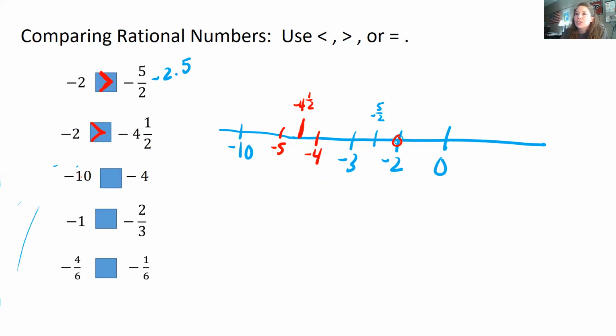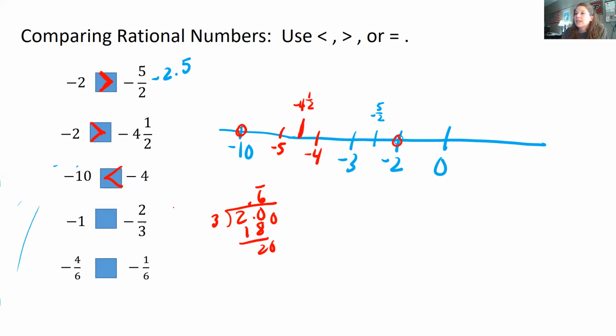What about this one? Which is the coldest temperature? Well, -10 is to the left of -4, isn't it? So you would say -10 is less than -4. All right, what about -1 and -2/3? Well, -2/3 is going to be 0.6666 repeating because we're always going to get a remainder of 2.